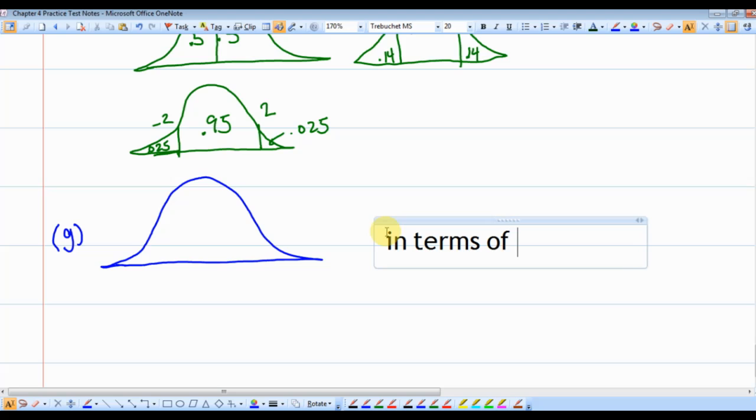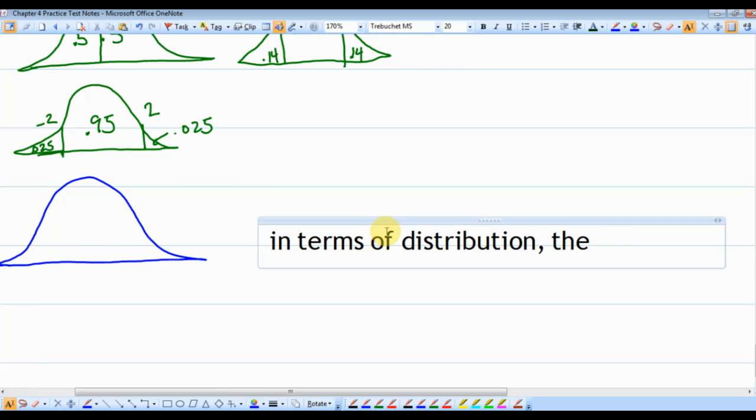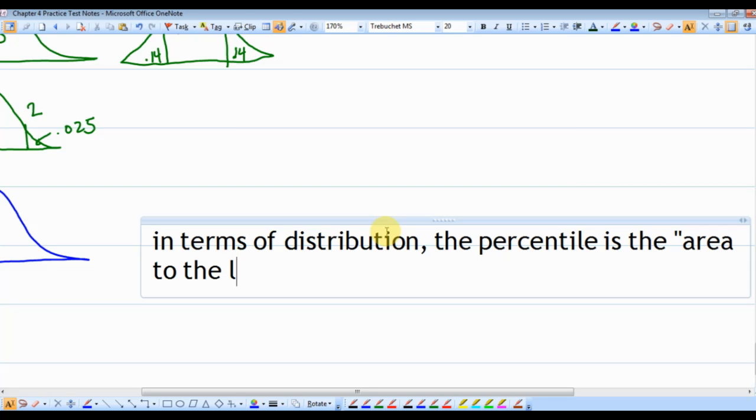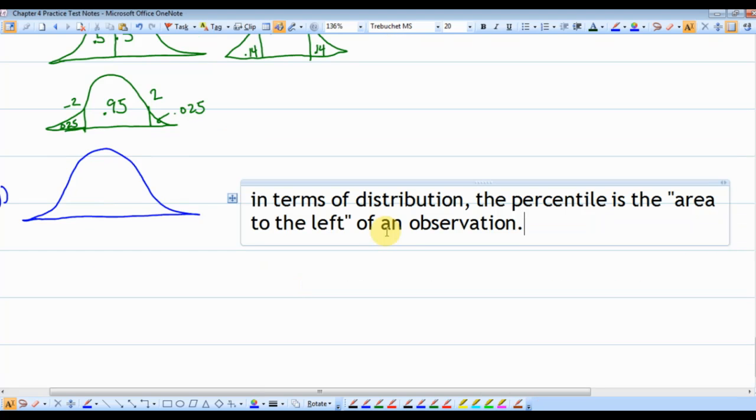So in terms of a distribution, the percentile is the area to the left. So basically, this question is asking you what is the area to the left of 15.342.